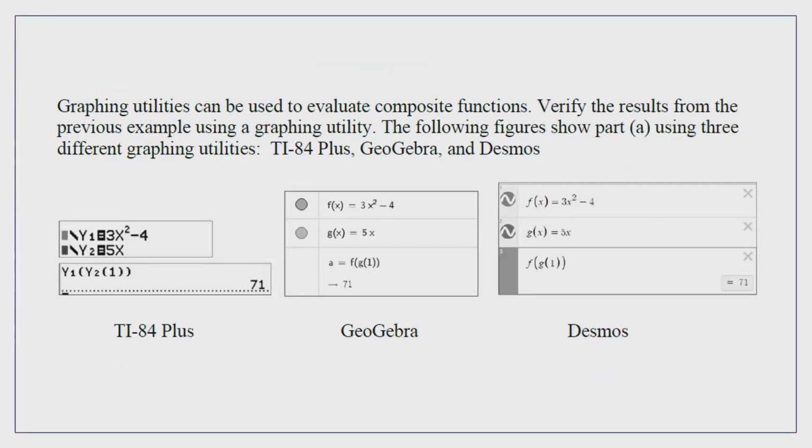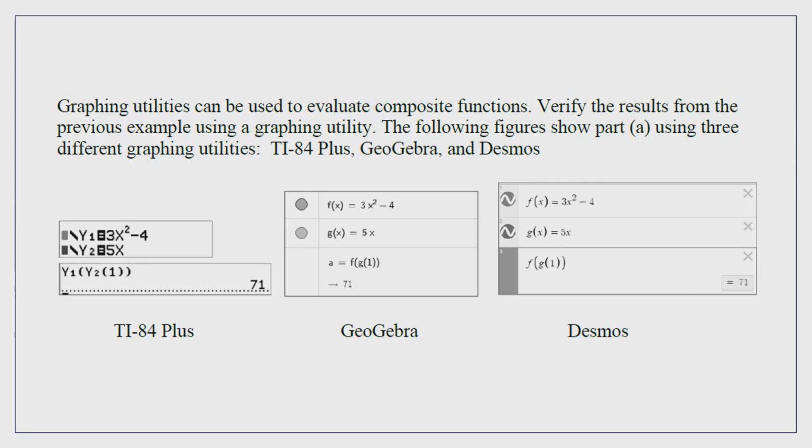All right, so graphing utilities can be used to help us evaluate composite functions. We can use them to help us verify our results. For our previous problems, we can use our calculators to solve those problems, and I'm going to show you how to do that for one of them.